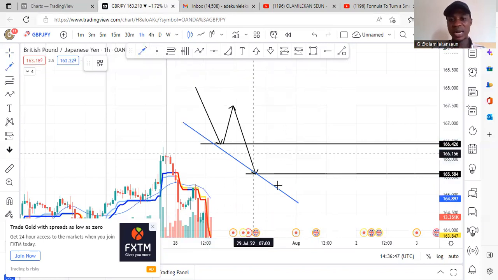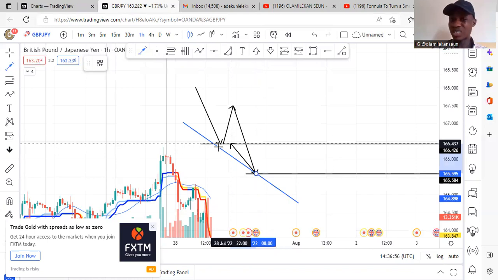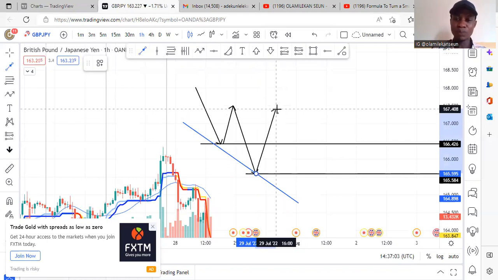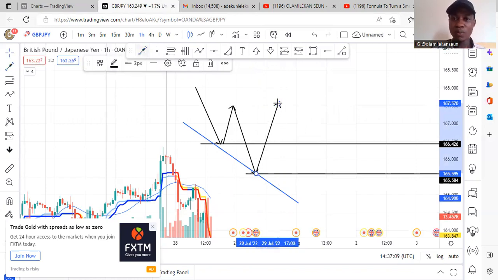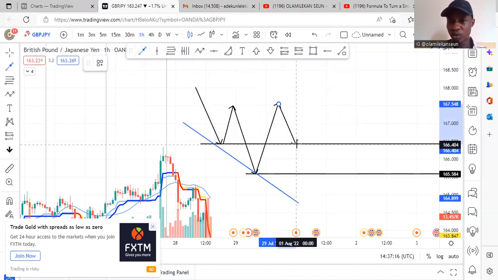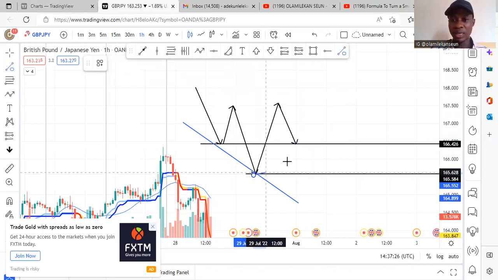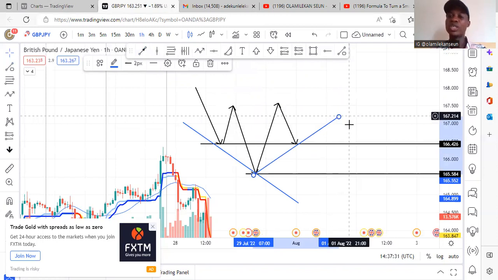But once you notice that the market is unable to break this support and then went back up to break this previous support, which is now a resistance, and then came all the way back down to retest this previous support, you should know that something is already happening in the market, because once you use your trend line from this point down to this point, it tells you that the market is on a bullish move now.